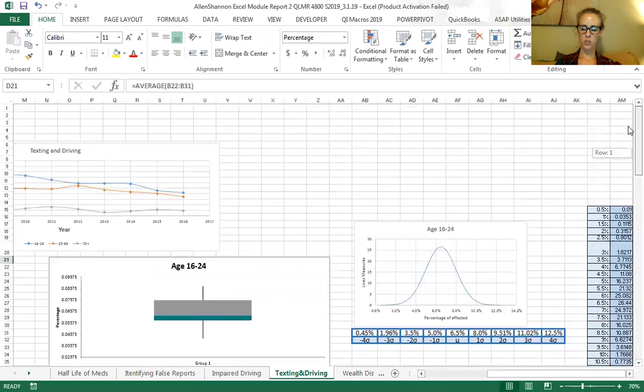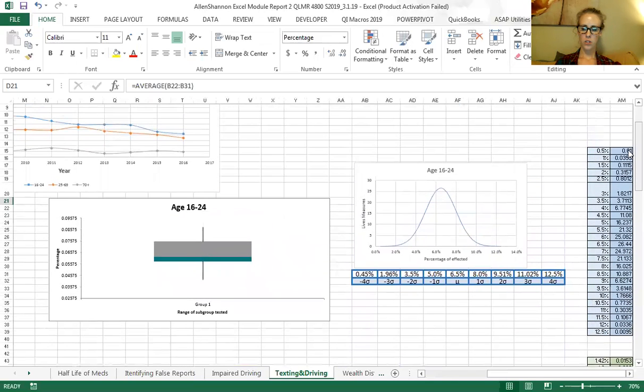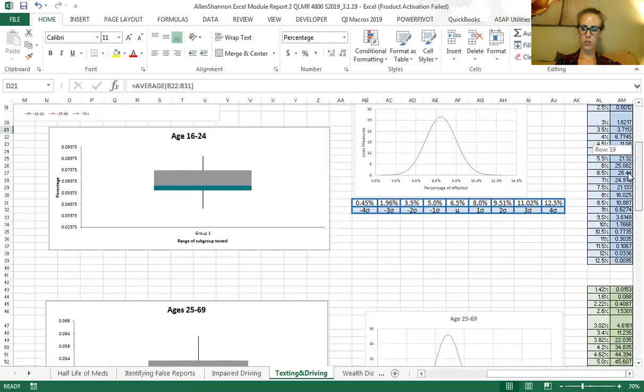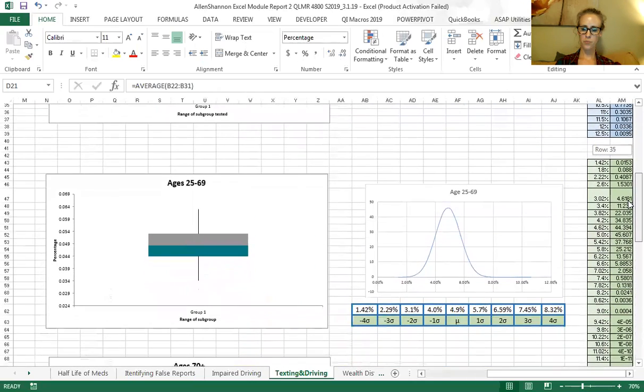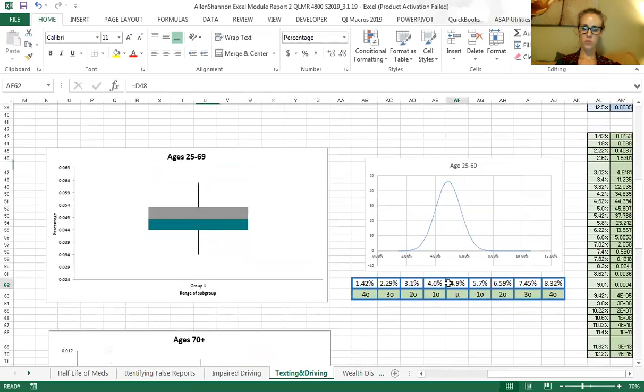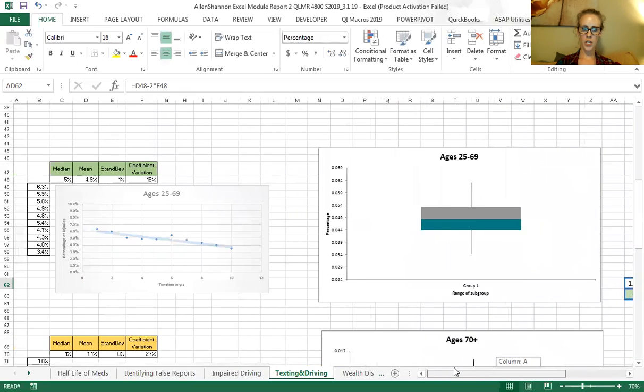Aren't they cute? They are very similar, the curve pattern. And we can see the standard deviation pattern here, and the percentages plus or minus, depending on which side of the chart you're looking at.